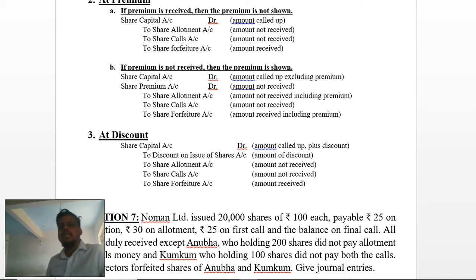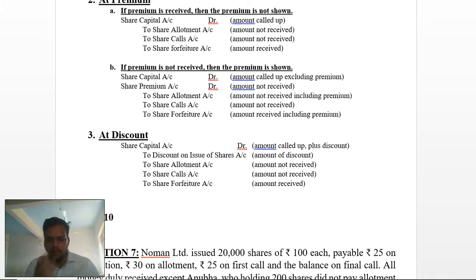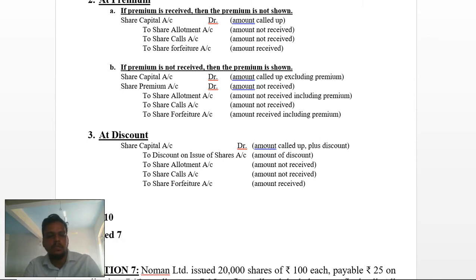Here you can see that in brackets it is mentioned: amount received for share forfeiture. For example, your total share capital is 10 rupees. Just giving an example, your share is of 10 rupees, correct? Out of that, you as an organization have received 7 rupees. The remaining balance is 3, which has been forfeited.